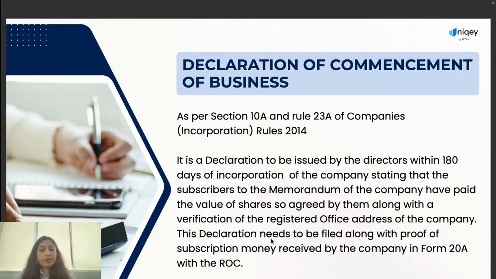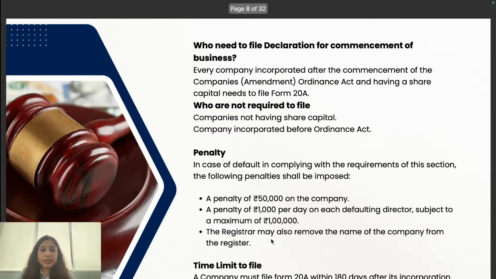It is filed in Form INC-20A. If it is not filed, then a penalty of 50,000 arises on the company, and a penalty of 1,000 per day on each director, subject to a maximum of 1 lakh. The registrar may even remove the name of the company.